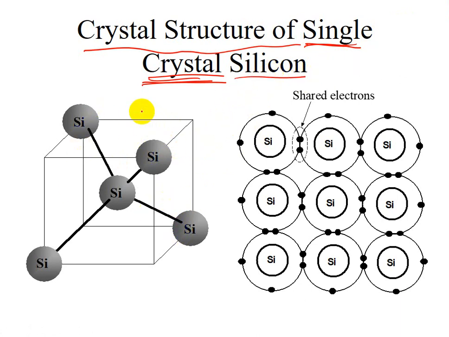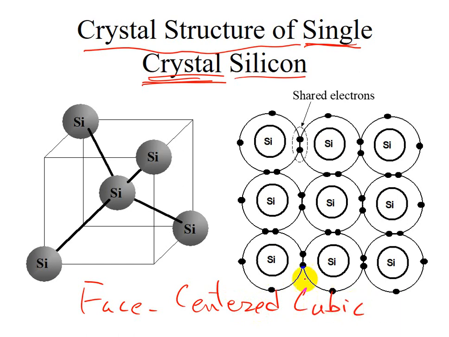This is a very simple structure of the unit cell of single crystal silicon. It's basically the so-called face-centered cubic, the so-called FCC structure. FCC structure is a very common atomic structure for crystals.